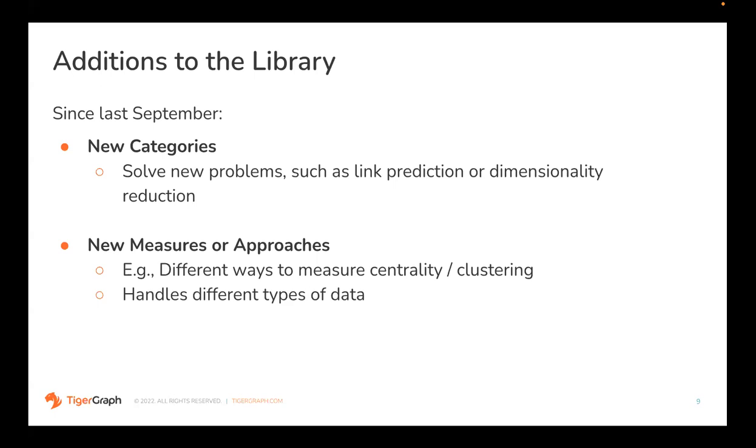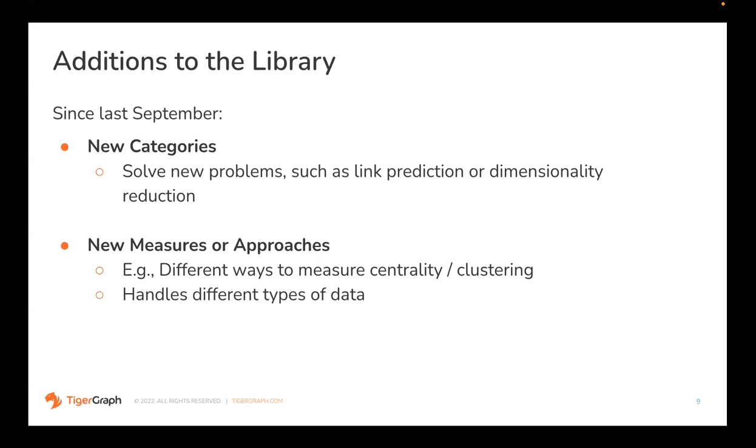There are also cases where we didn't establish a new category, but we just added more algorithms in that category. For example, centrality. We always have had betweenness centrality and closeness centrality. We now have about 3 additional measures of centrality. And why do you want more? Well, sometimes it's because you have different data, and different data requires you to adapt the algorithm slightly.